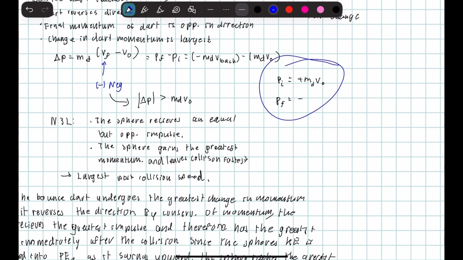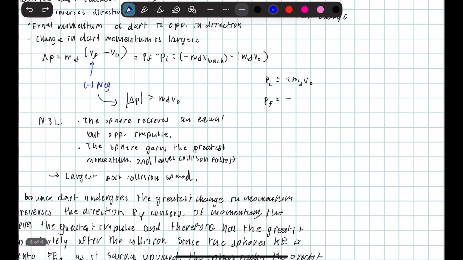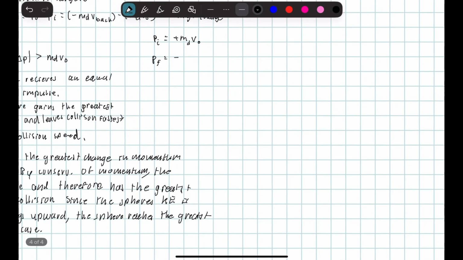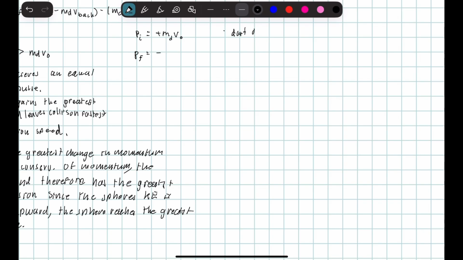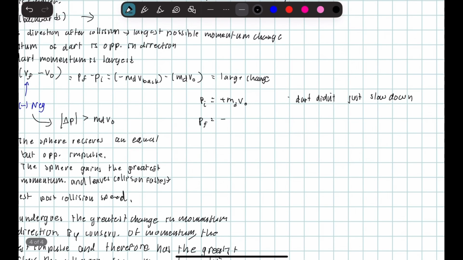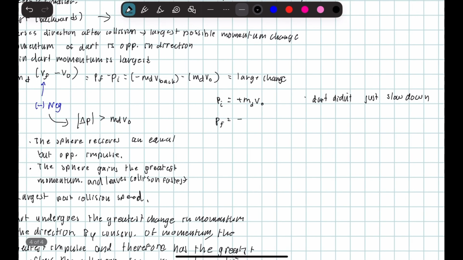We can plug those in right here, and we have a very large change. So the dart didn't just slow down, it changed direction, and when it reversed direction, that is the largest possible momentum change. By Newton's third law, the sphere receives an equal and opposite momentum change. So the sphere gets the most momentum, leaves the collision the fastest, and rises the highest.